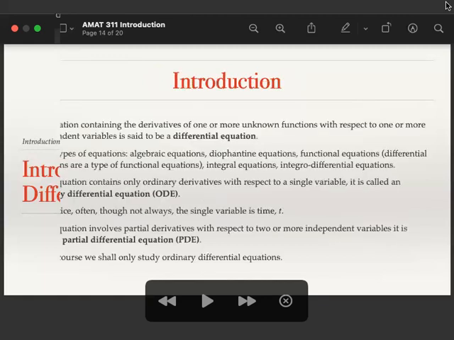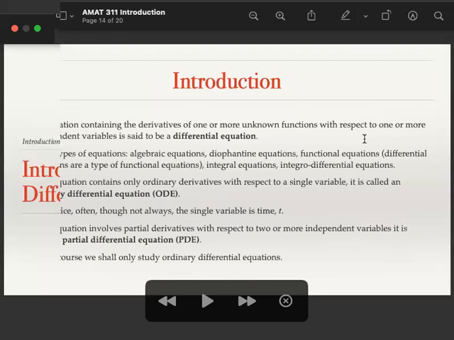So what is an ordinary differential equation? So first of all, what is a differential equation? A differential equation means an equation that contains derivatives. So an equation that contains the derivatives of the unknown functions, and there can be one unknown function or there can be several unknown functions when it's part of a system, is called a differential equation.